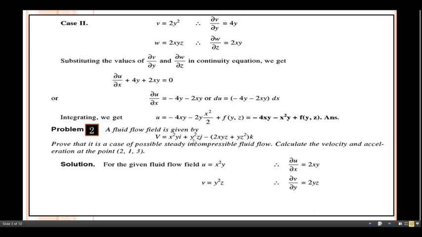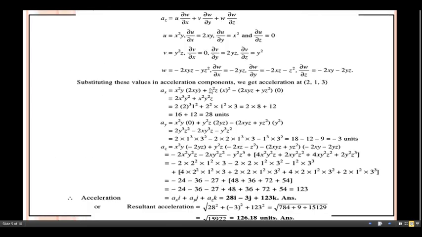Okay, if we compare this one, we can get here the velocity component along the y direction is nothing but v equals y square z. Now differentiate this v with respect to x, along the y direction, along the z direction. If I differentiate this term with respect to x, the x term is not available, so this term becomes constant, and the derivative of a constant term is 0.